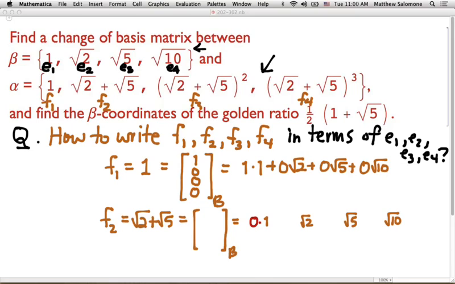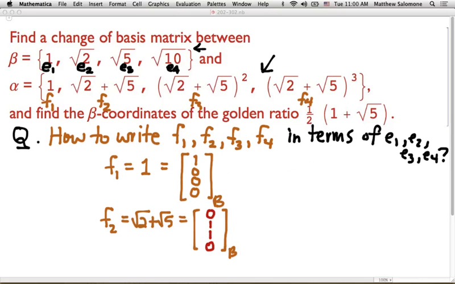So I'm going to take 0 1s, and how many square roots of 2? 1 of them. And square roots of 5? And square roots of 10? 0. So the coordinates of square root of 2 plus square root of 5 in the B basis are 0, 1, 1, 0. So far, so good?